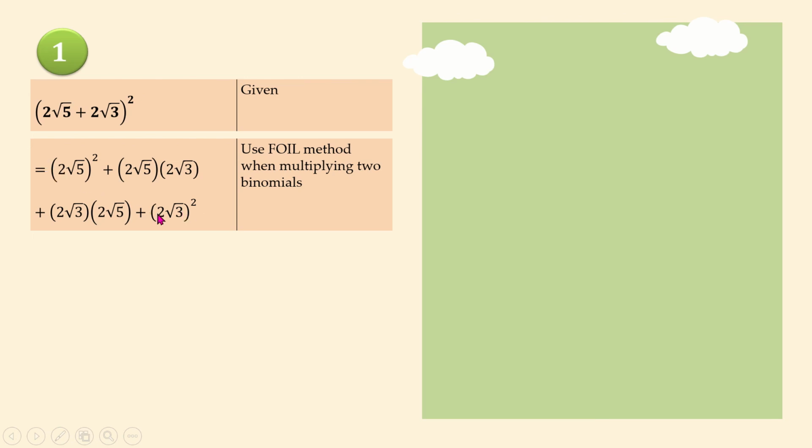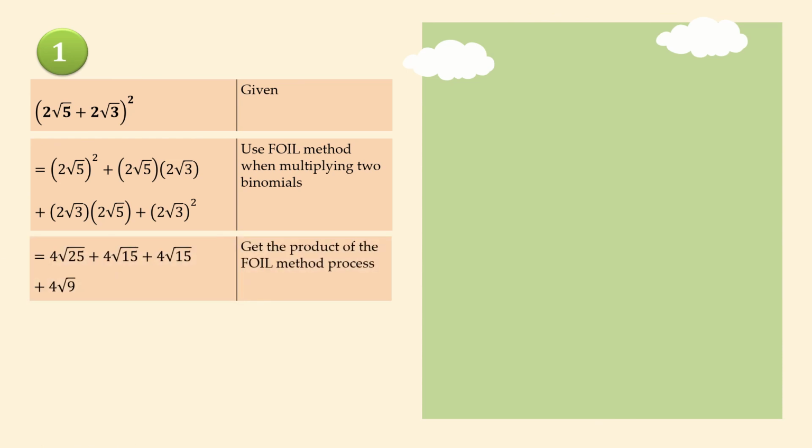The square of the first term and the square of the last term. The square of 2 square root of 5 means 2 square root of 5 times 2 square root of 5.